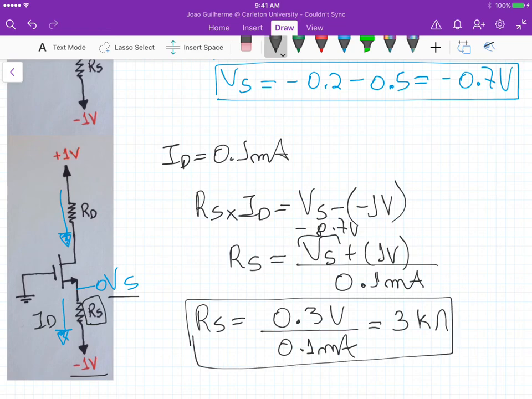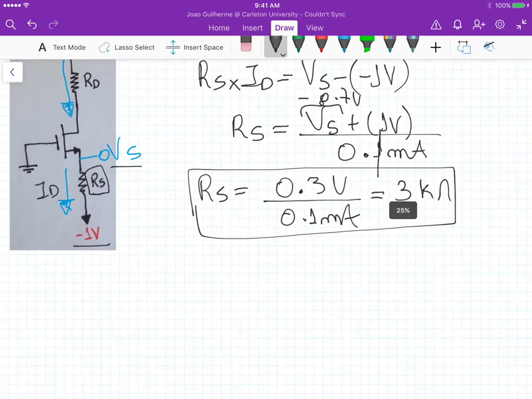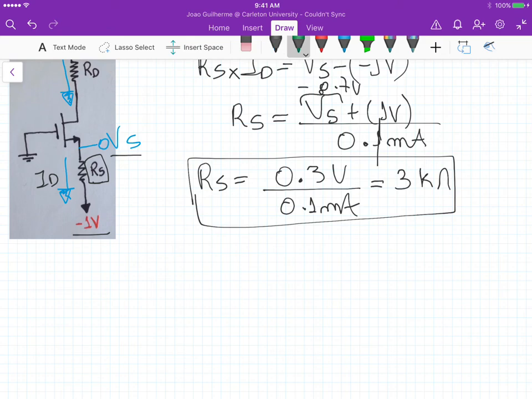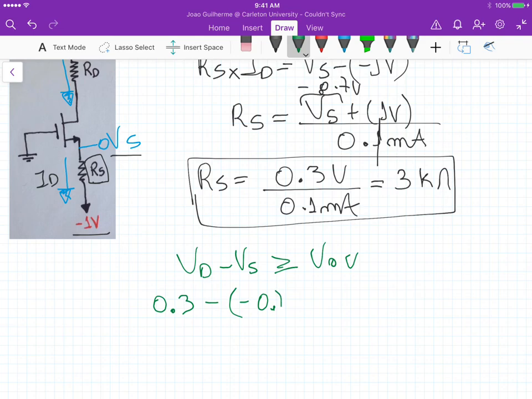Now remember that we assumed saturation region operation for the MOSFET. So let's see if VD minus VS is greater than the overdrive voltage. VD, the parameter we want, is 0.3. VS is minus 0.7.